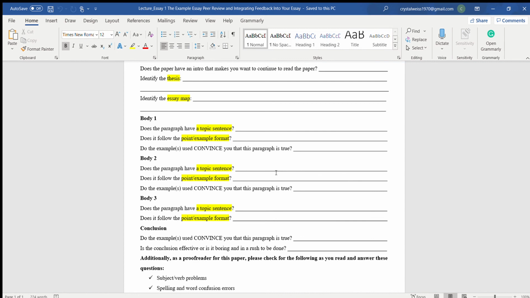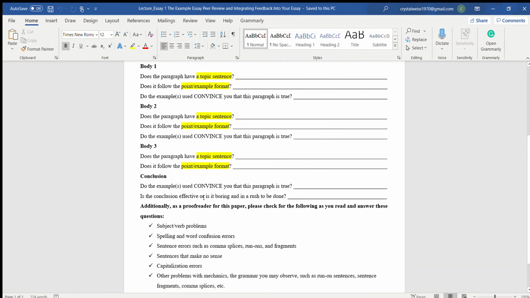Does your topic sentence not in any way resemble the number 2 thing that's in your essay map? If it does not, then you might want to rewrite that topic sentence, okay? So those are the things you want to kind of look for. If they're telling you that you've got spelling and word confusion errors in paragraph 3, sentence 4, then you might want to go and look at that and fix it.